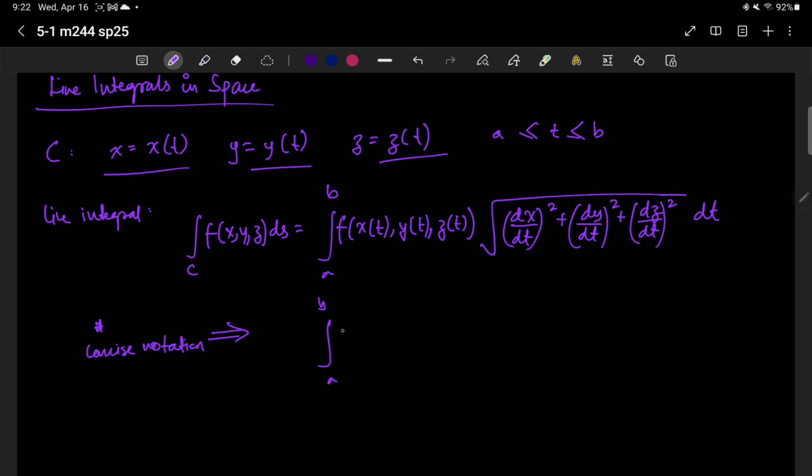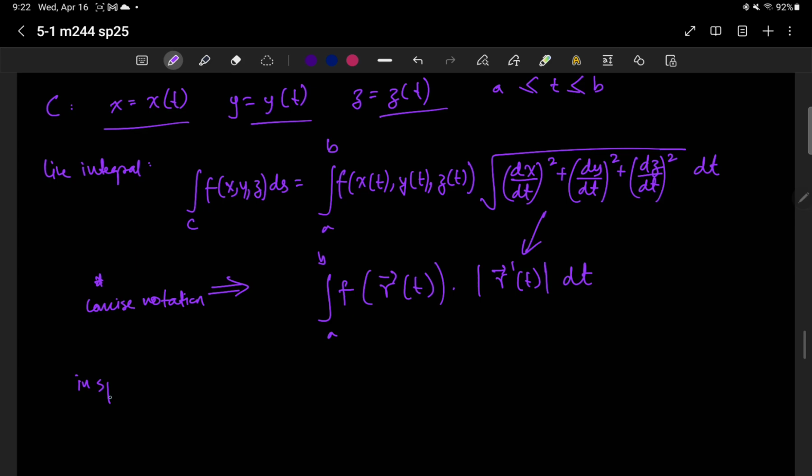It goes from a to b of f(r(t)) times the absolute value of r prime of t. From Calc 3, if you remember, this square root expression is the absolute value of the position derivative vector.